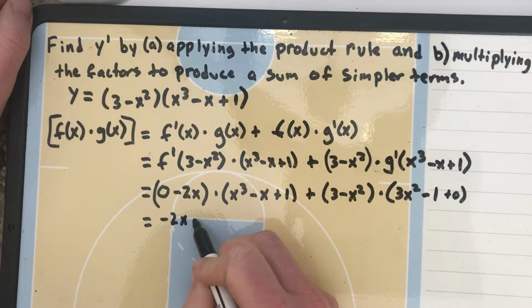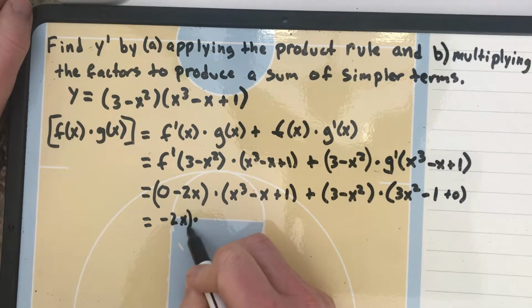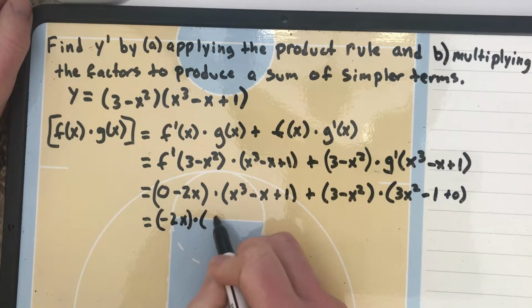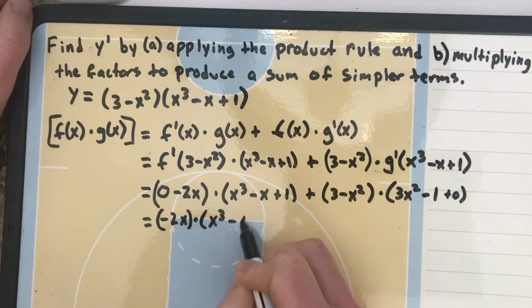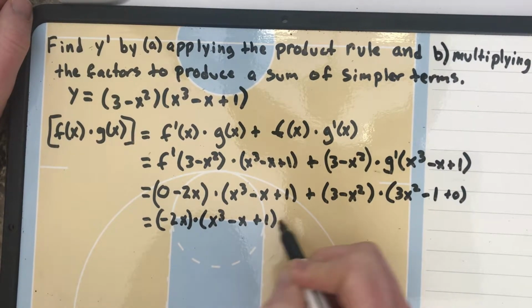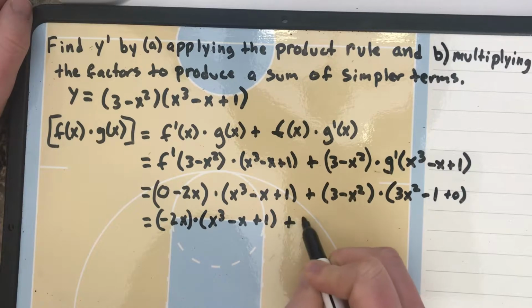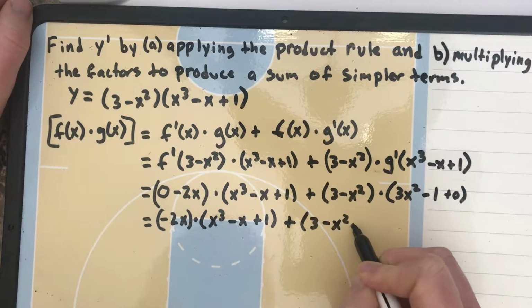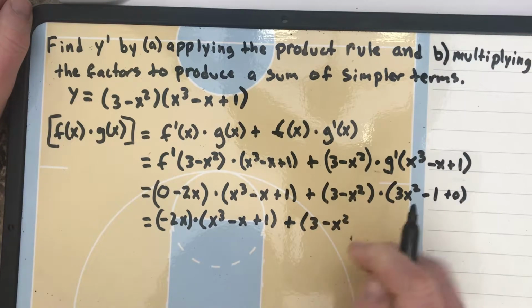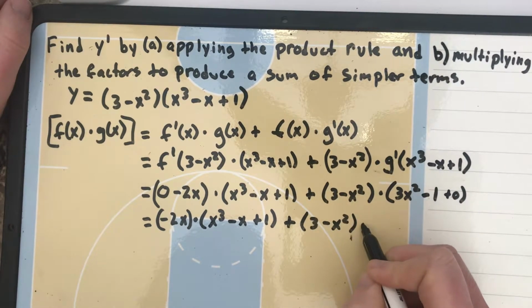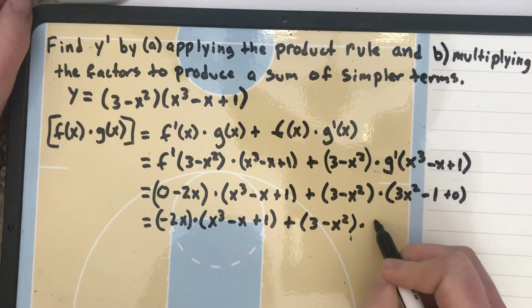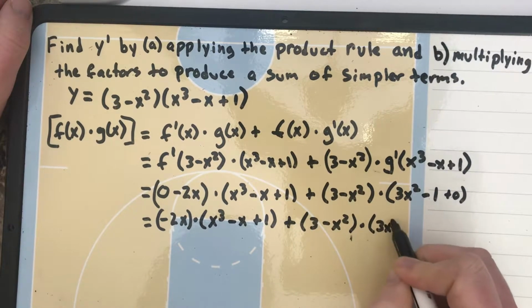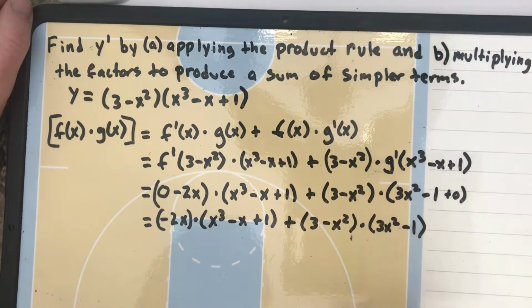So I end up with negative 2x being multiplied times x cubed minus x plus 1 plus 3 minus x squared times 3x squared minus 1.